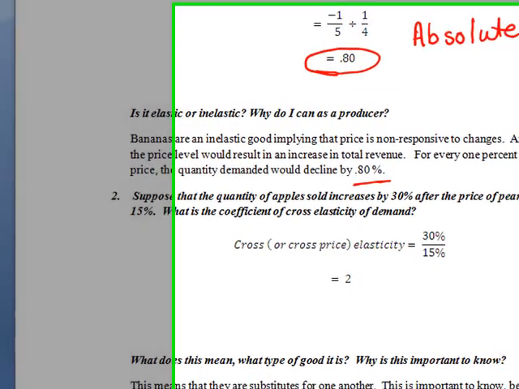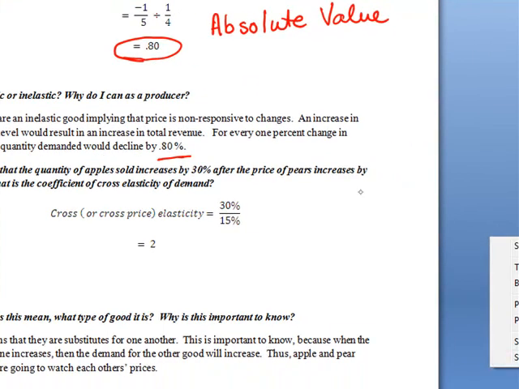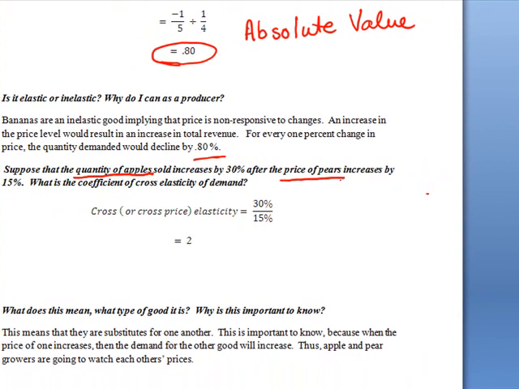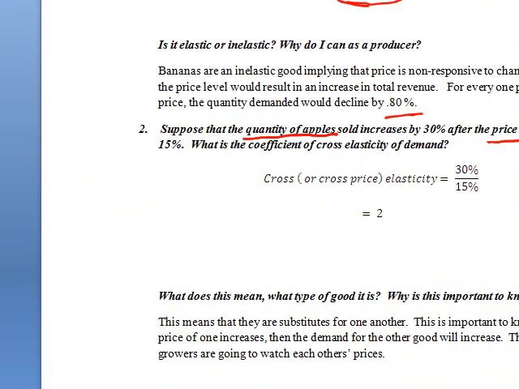Alright, so for the second example, we're now looking at two items: apples and pears. The two things of interest are the quantity of apples and the price of pears.